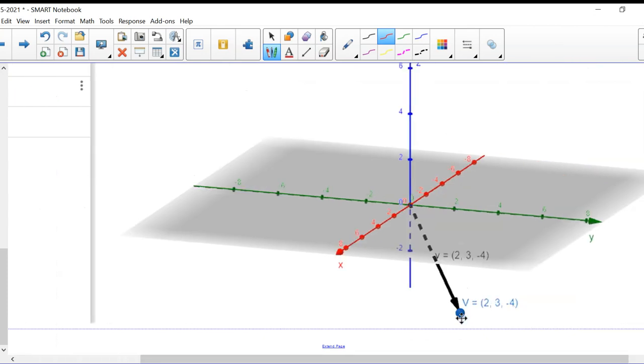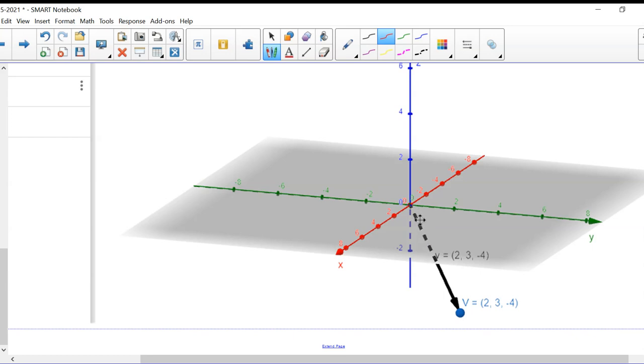The point is 2, 3, -4, and it's kind of where I should. This dotted line here is kind of showing that there's a plane, right? This is actually referred to as the XY plane. This gray, flat surface is the XY plane. And then you have the vector pointing down, and part of it is dotted because you can't really see this part of the vector because it's being blocked by the plane, and then it becomes solid again after that.